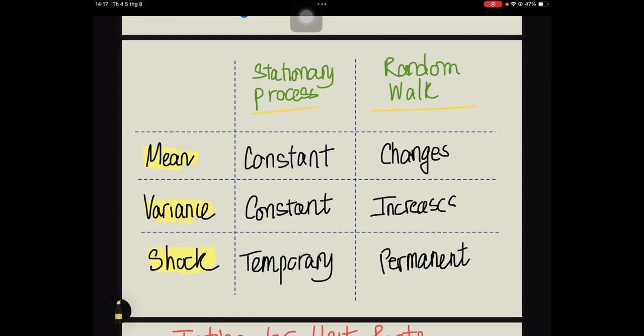A random walk violates these conditions. Its variance grows over time and shocks accumulate indefinitely. This distinction is critical because many statistical models, including AR models, assume stationarity. Using a non-stationary series without adjustment can produce misleading conclusions.